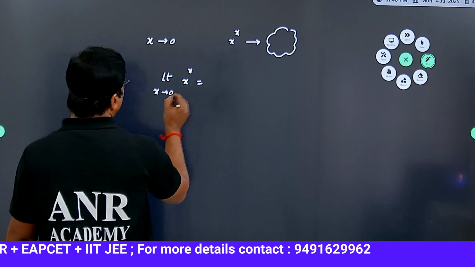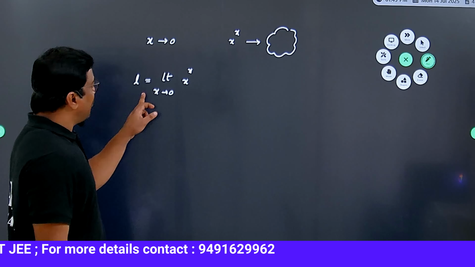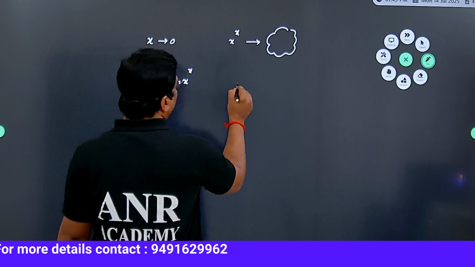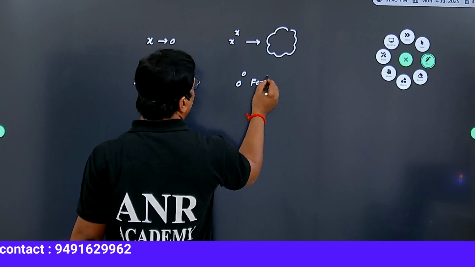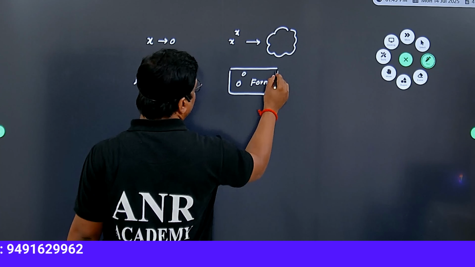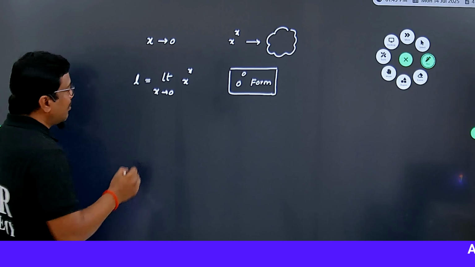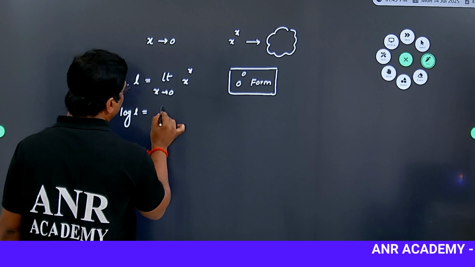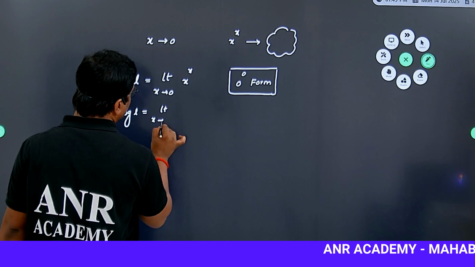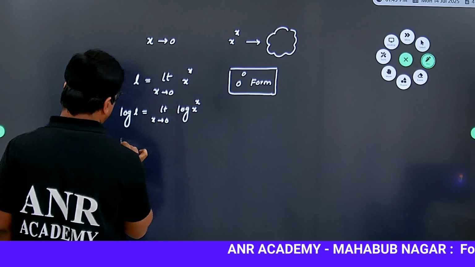Suppose that the limit value is some L. Directly if you put x value 0, it goes to 0 power 0 form, that is an indeterminate form. And the limit value you can easily solve by applying logarithm on both sides. Log L equal to limit x tends to 0 of log x power x.